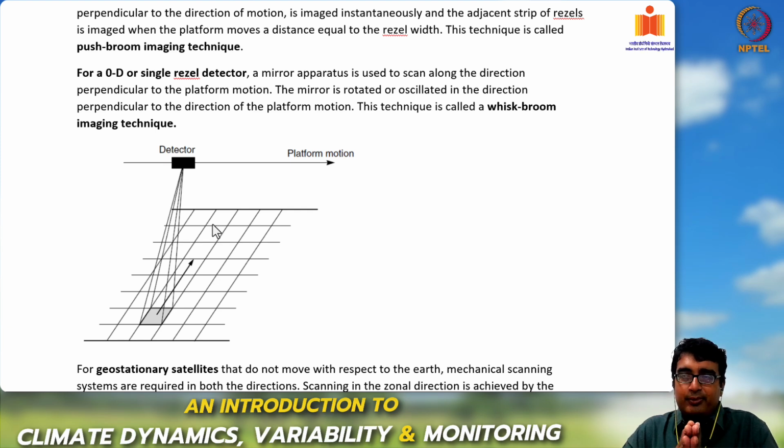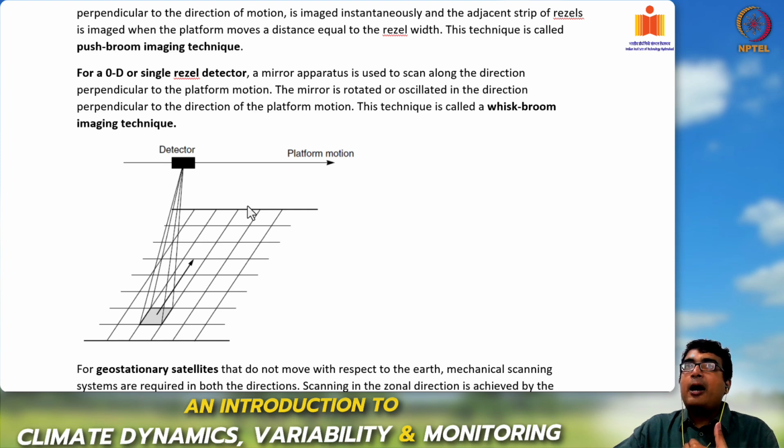So, from time t up to t plus delta t, this detector is detecting this result, then from delta t to 2 delta t it is detecting this result, 2 delta t to 3 delta t it is detecting this result, and this is happening by moving a mirror to collect optical information from these results. After this entire column is covered and the detector has moved to the next set, the mirror shifts so that this process repeats itself. This system for a 0D or single-result detector is called the whisk-broom imaging technique.